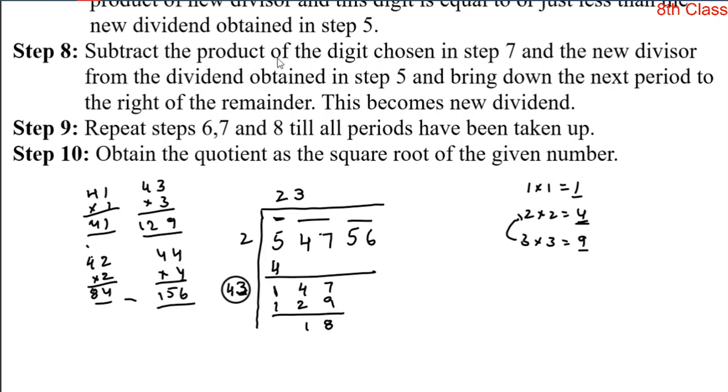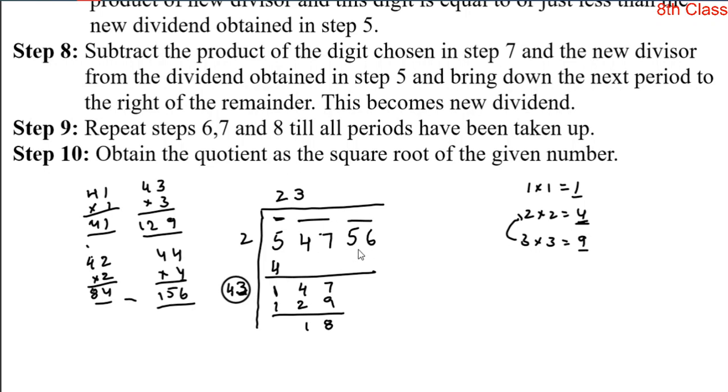Here the remainder is 18, and we bring down the next period to the right of the remainder.